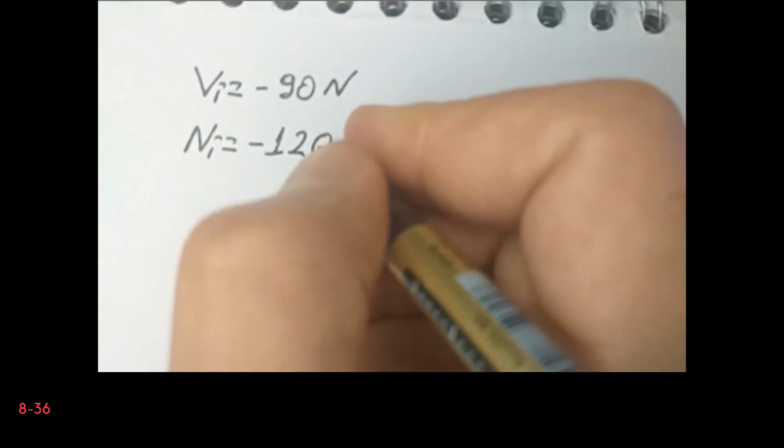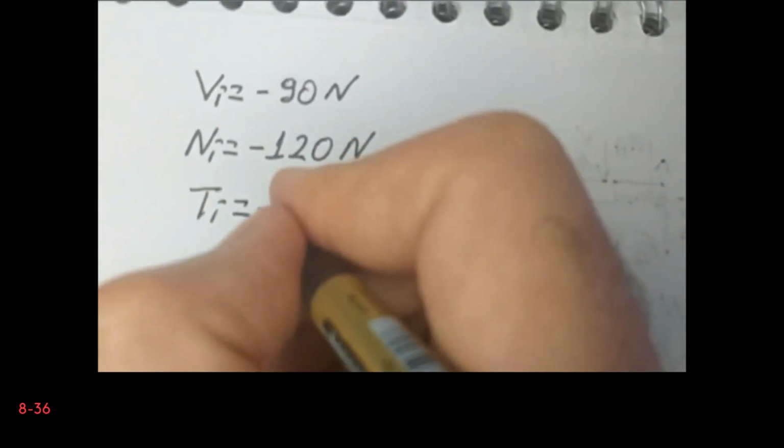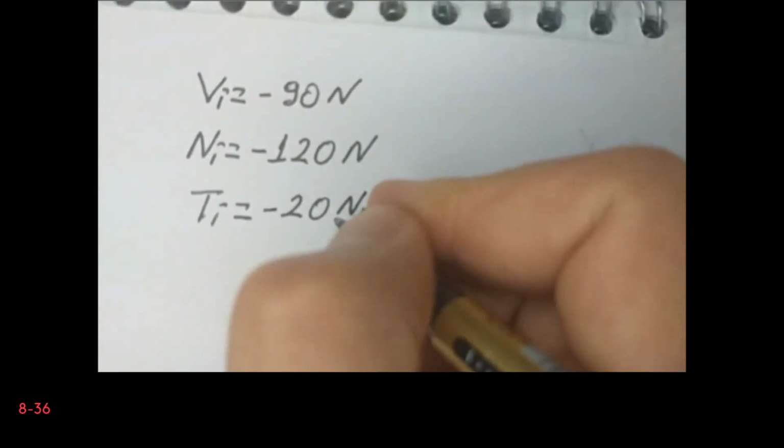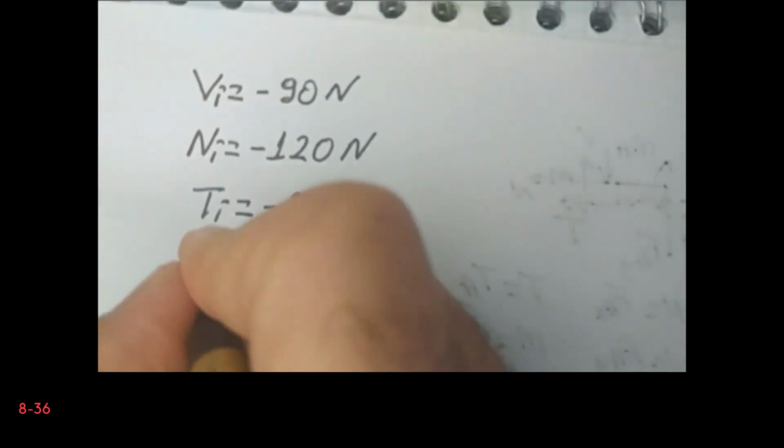NI is equal to FAX. FAX is equal to minus 120 newtons. TI is equal to TA, and TA is equal to minus 20. Now MI is equal to minus MA. MA is minus 21, so it is equal to 21 Newton meters.